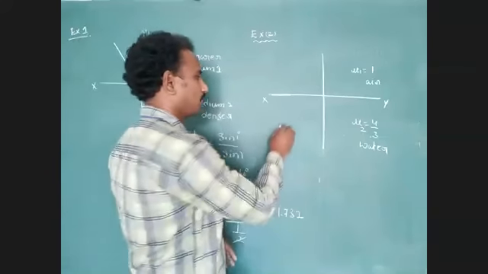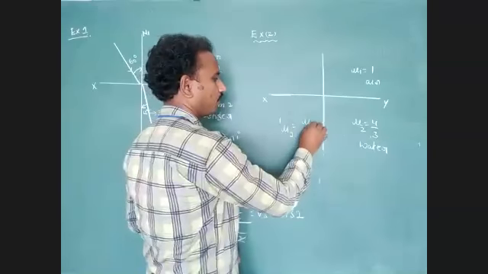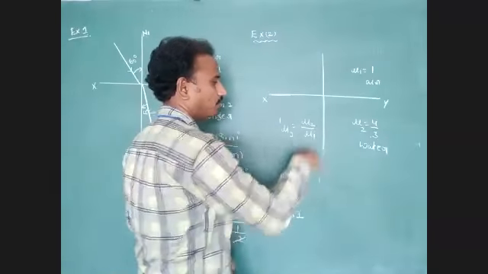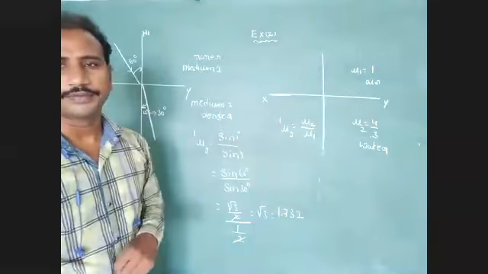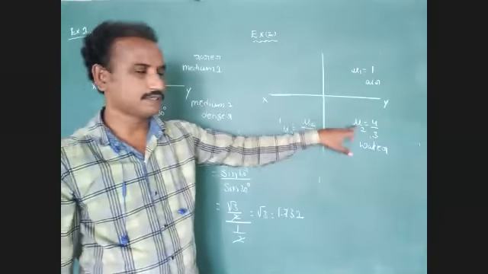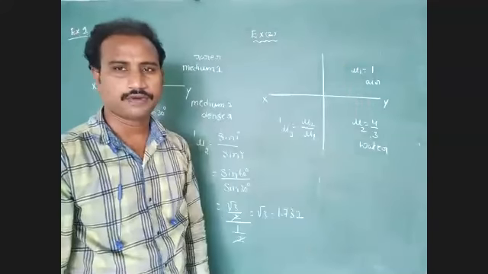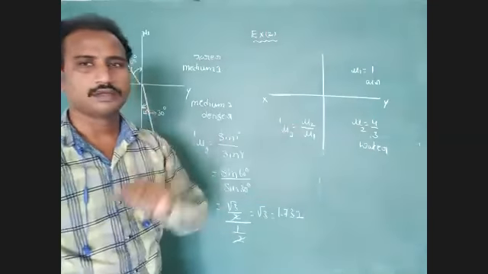How to compare? So 1 mu2 equal to mu2 divided by mu1. Understood? It is the ratio of the refractive index of the second medium to the refractive index of the first medium.